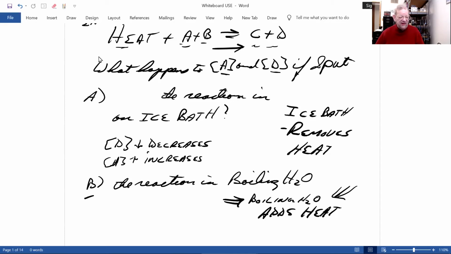Now, if A is consumed, when something is consumed, you have less of it. So the amount you have will decrease.